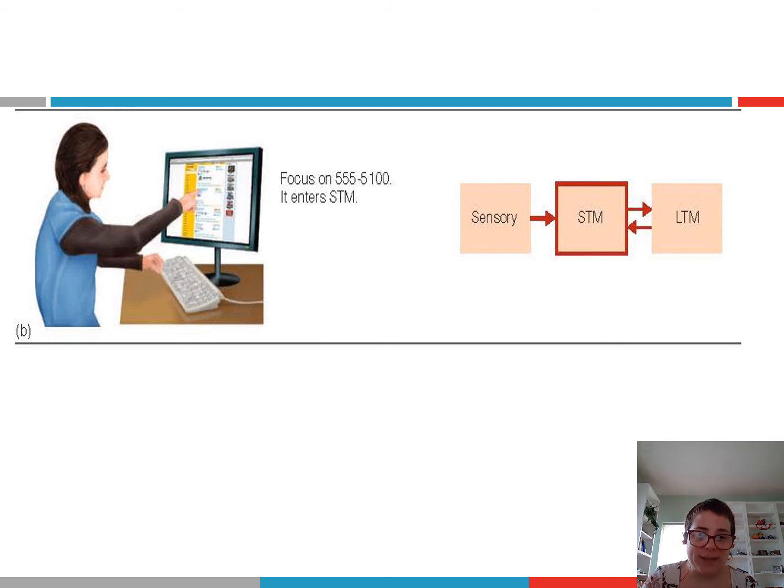And at this point, instead of ordering online, Rachel decides to dial the number on her phone. So at that point, she would focus her attentional processes on that particular phone number, okay? So because she's engaging in that attentional strategy, that's going to transfer the information from sensory memory to short-term memory.